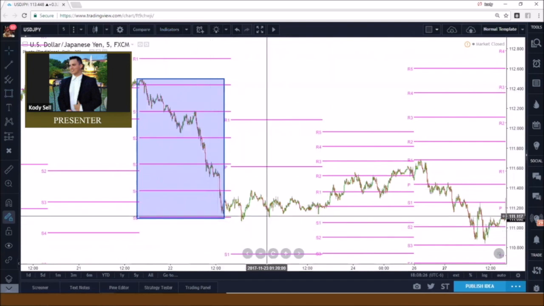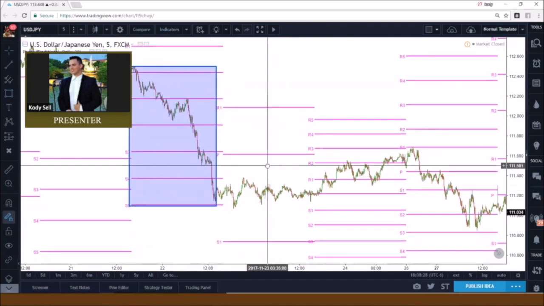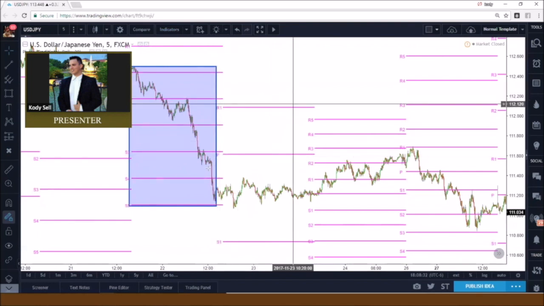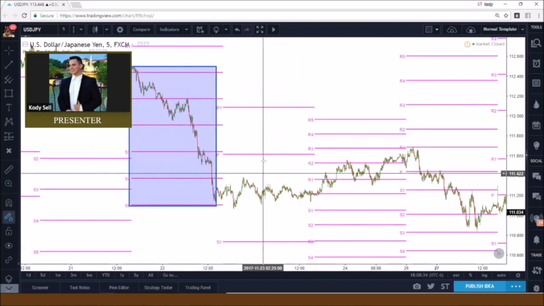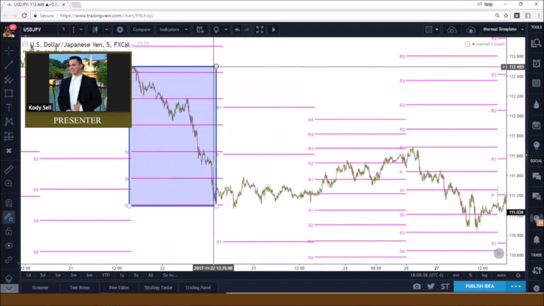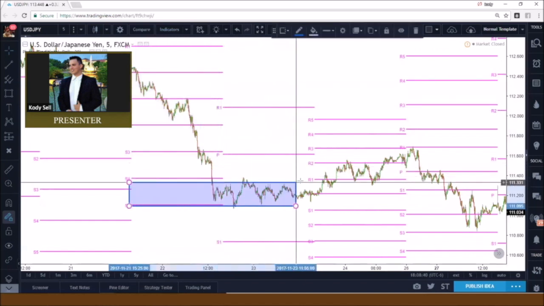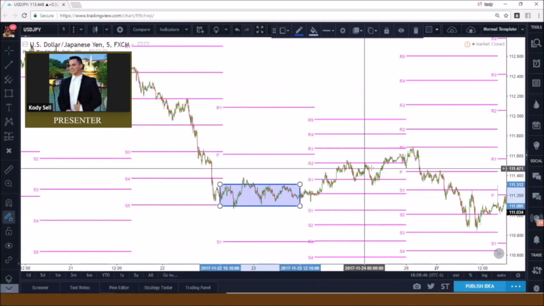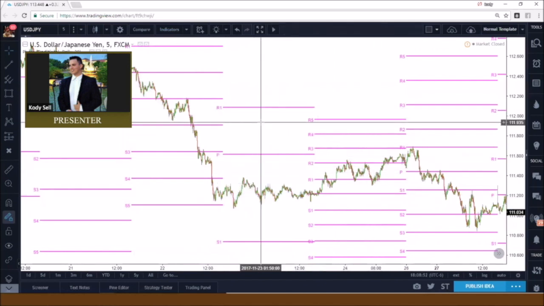So the next day, the pivotals took this into account, and when the pivotals updated at 4 o'clock, notice how they were very far apart because there was so much volatility the day before. And then notice how this day, price stayed within a very small range, didn't really go anywhere. So then the next day, the pivotals were very close together.